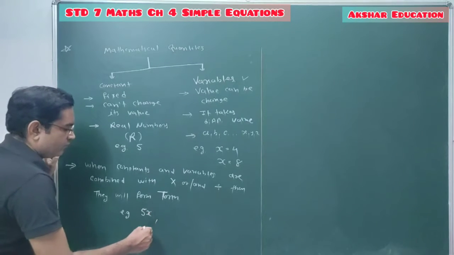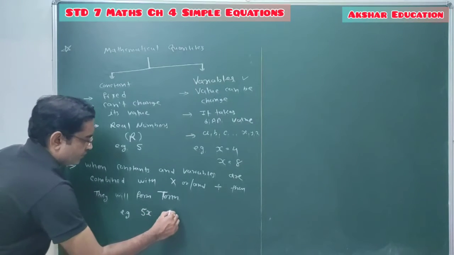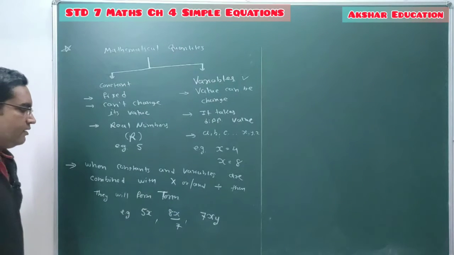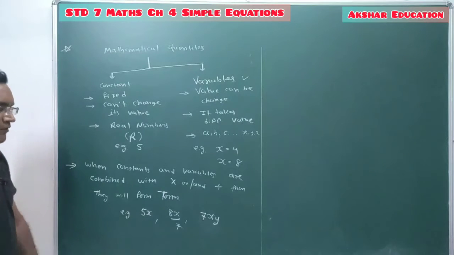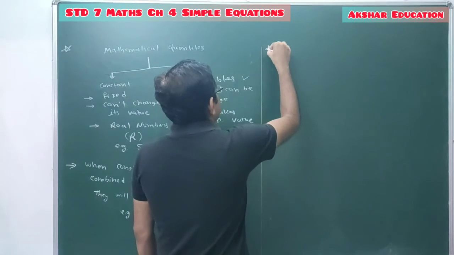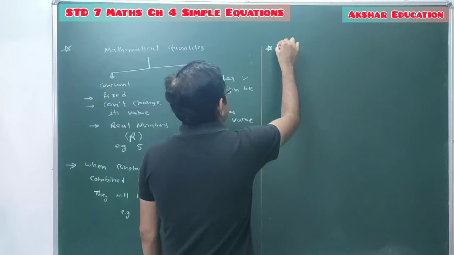You can also form a term by considering one variable x, constants and variables with multiplication and division. So they will form a term. Now I am forming an algebraic expression.